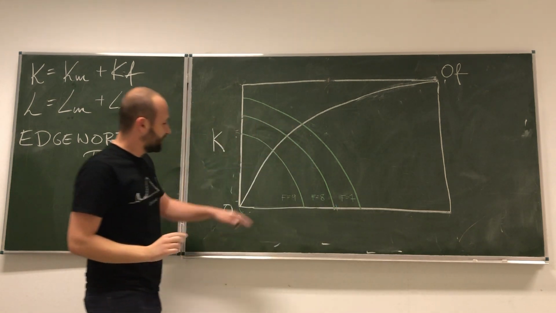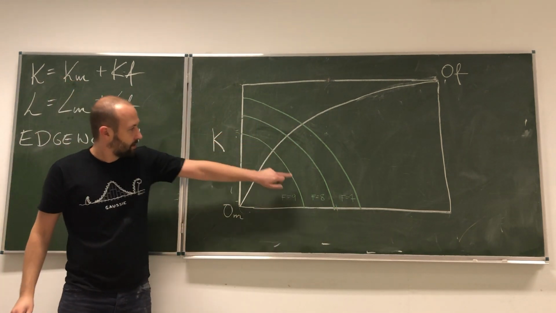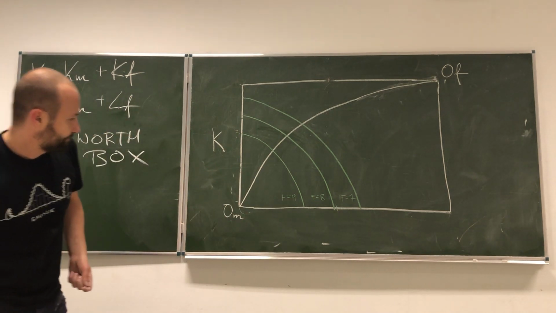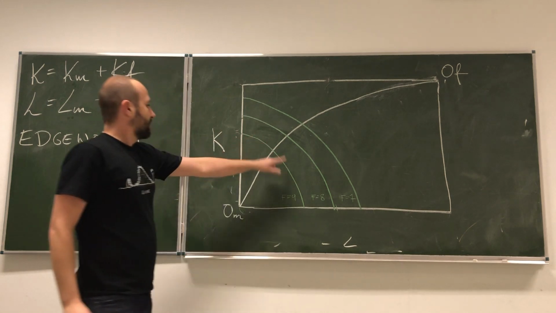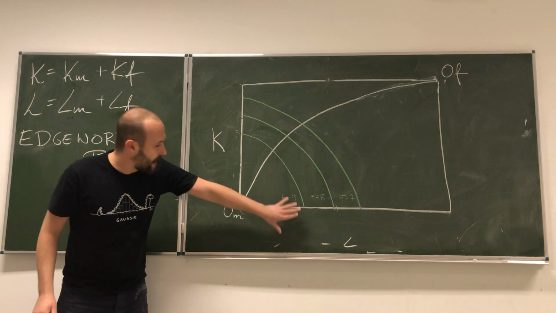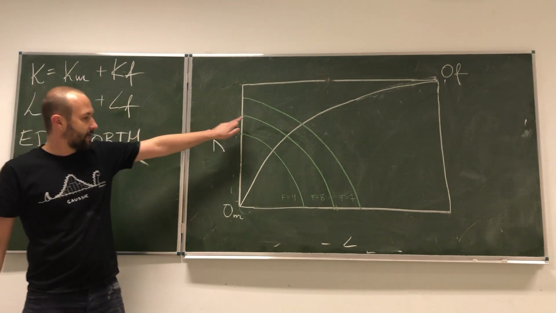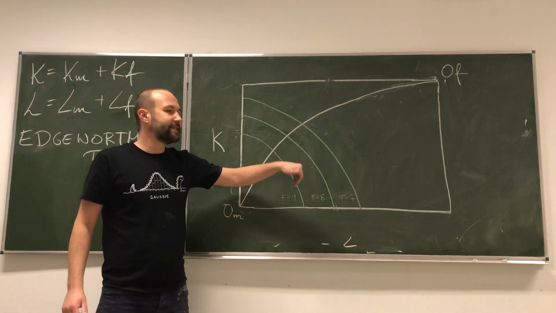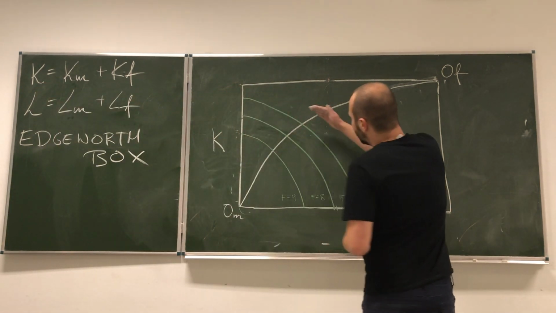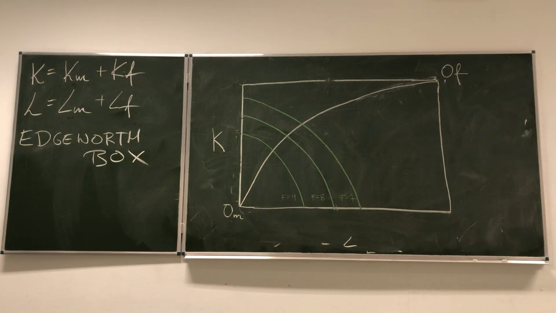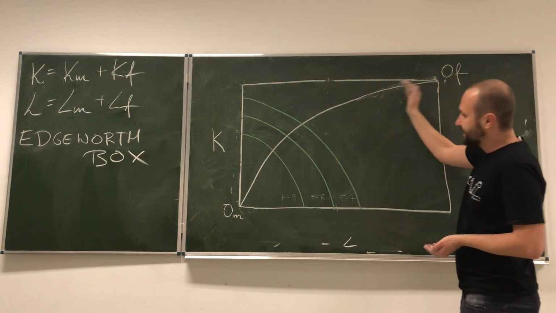So this isoquant represents all the combinations of capital and labor required to produce 9 units of food. This line represents all combinations of capital and labor required to produce 8 units and 7 units. And you see that the further I go into the OF point, the origin for the food sector, the closer, the less I would produce.